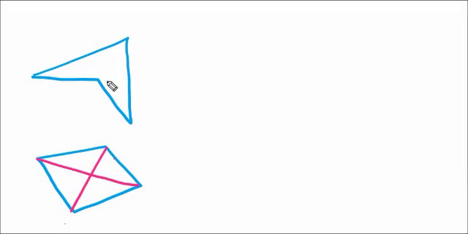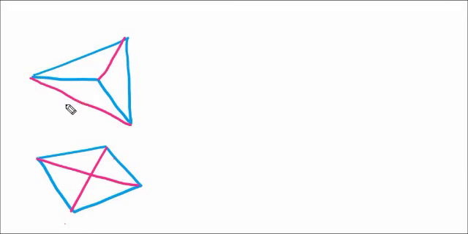Now let's draw diagonals here. One diagonal is certainly this. This is one diagonal, and where is the second diagonal? The second diagonal in this case is from here. This is the second diagonal, because what is the definition of a diagonal? A diagonal joins the non-adjacent vertices. So this is adjacent, this is adjacent, so you can't join those; you have to join the non-adjacent ones.